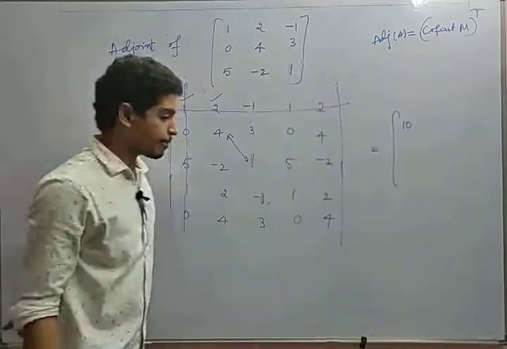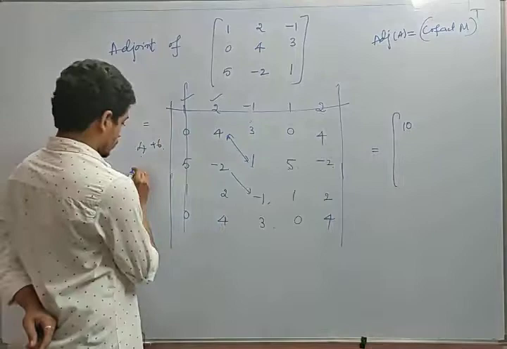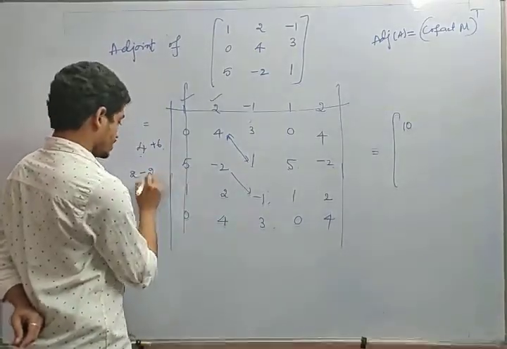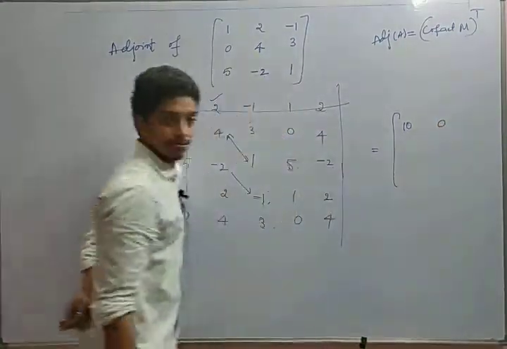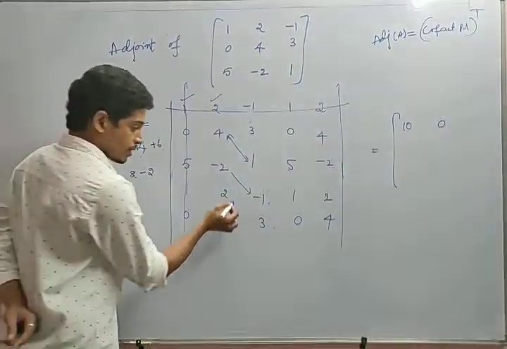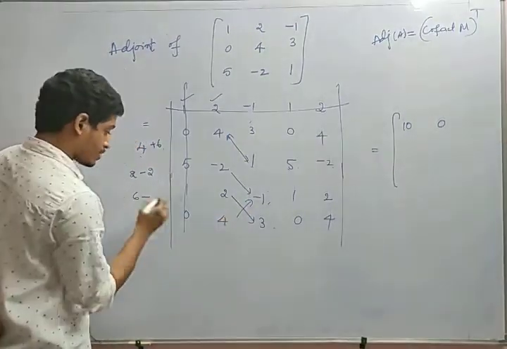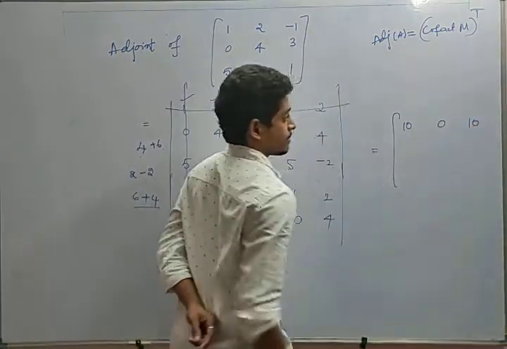We got one element. Next, minus 2 into minus 1, it's 2, right? Minus 2 into 2, 2 into 1, 2. 2 minus 2 is 0, right? So we are going horizontally. That means I should keep 0 here, right? Now, 2 3s, 6. 6 minus 4 into minus 1, minus 4, that is here plus 4. 6 plus 4, it's 10. Once again, 10 here, right?